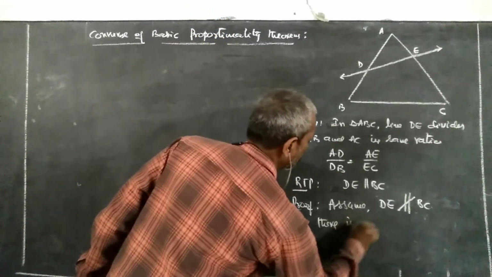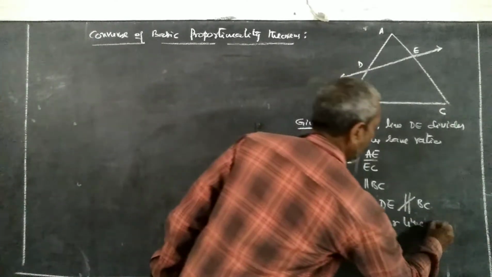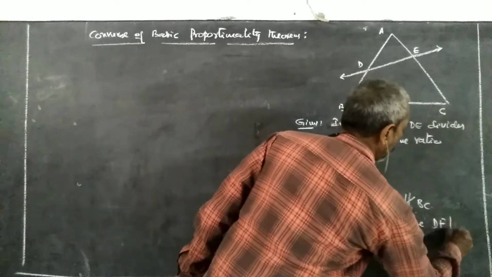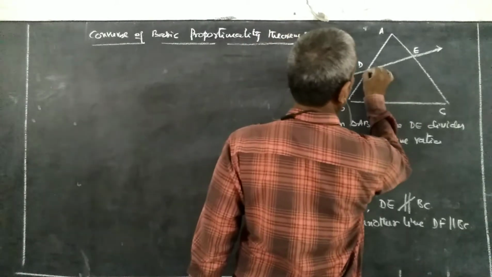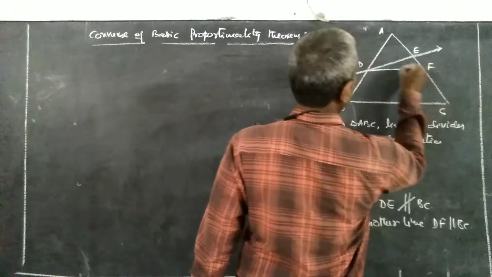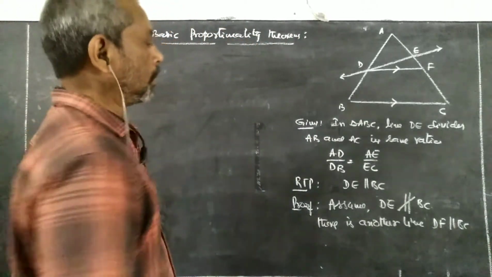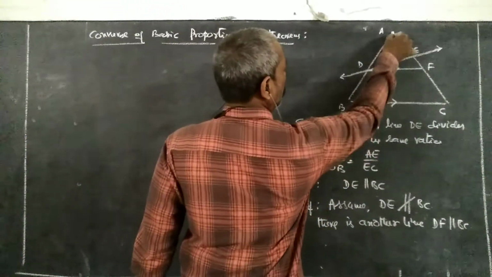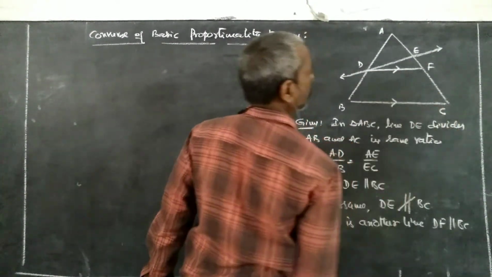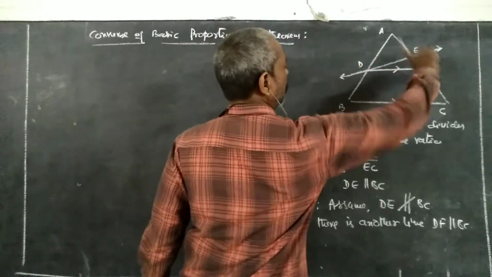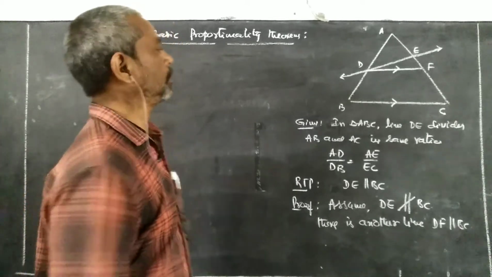Let it be DF, parallel to BC. So draw DF parallel to BC. Now in triangle ABC, DF is drawn parallel to BC, so it divides the other two sides AB and AC in the same ratio, by the basic proportionality theorem.